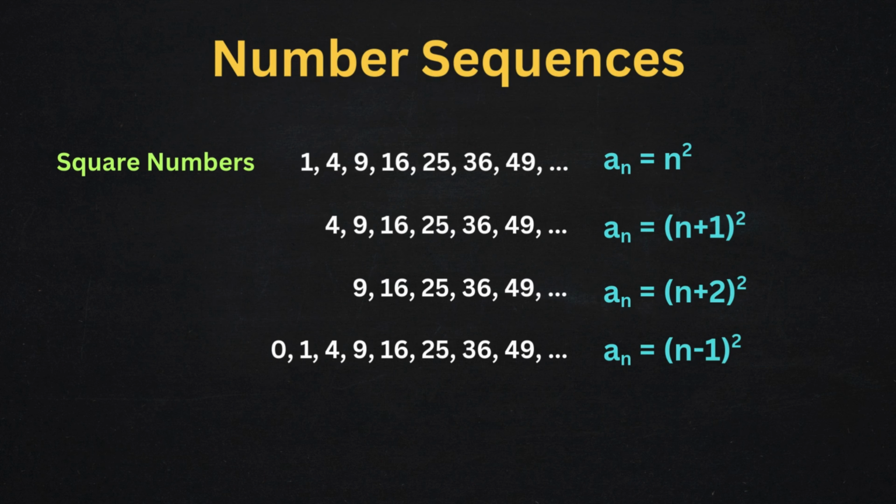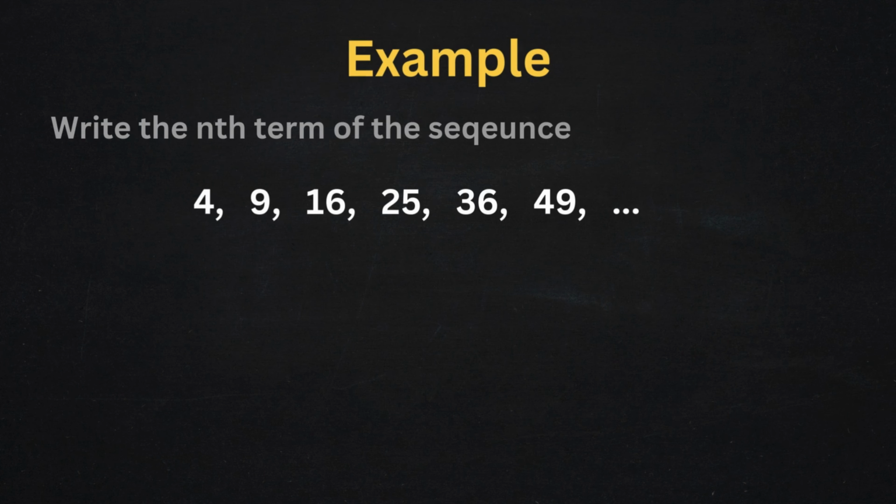Here is an example. Write the nth term of the sequence. By looking at the sequence, the first thing you must always ask is whether the sequence is arithmetic or not. How do you check for the sequence to be arithmetic? You check if the difference between adjacent terms is the same, which we know as common difference, denoted by d.